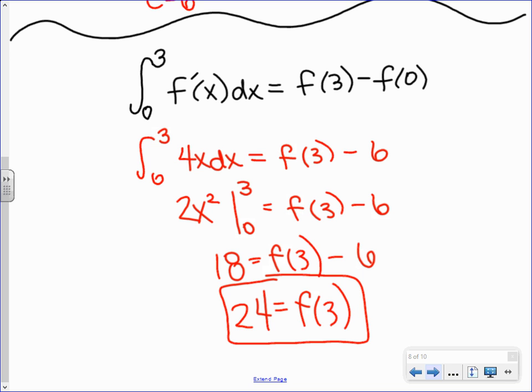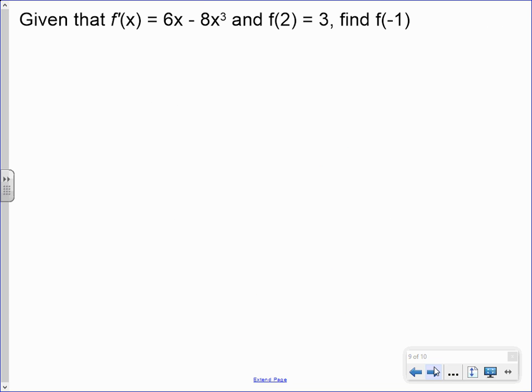Where this is just one straight shot to get to the end. Let's do one more, just so you can see that version one more time.